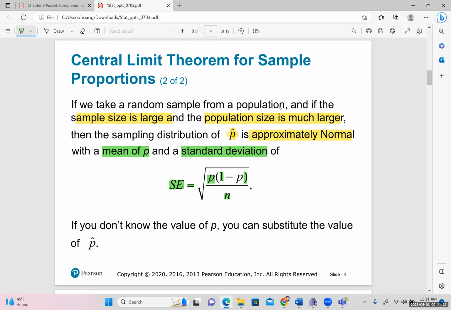So if you don't know the value of the population proportion p, you can substitute the value of the sample proportion.